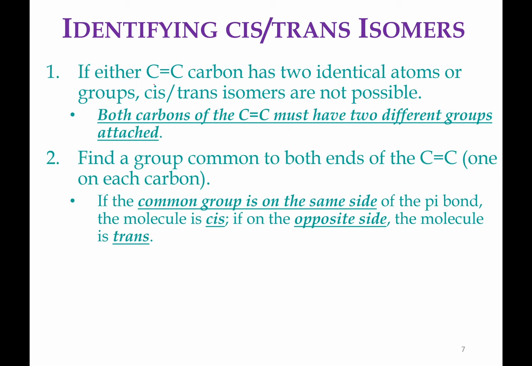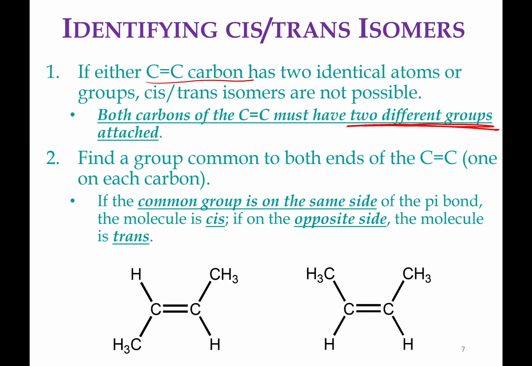So if either carbon atom has 2 identical atoms, so we're looking for identical atoms like those 2 methyl groups or even the 2 hydrogens if you want to look at it, they have to have at least 2 different groups in order to be able to have cis-trans isomerism. So you're going to find a group in common to both ends.